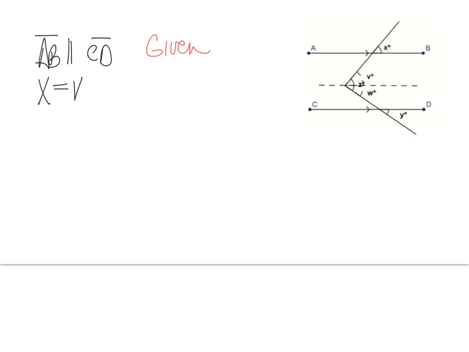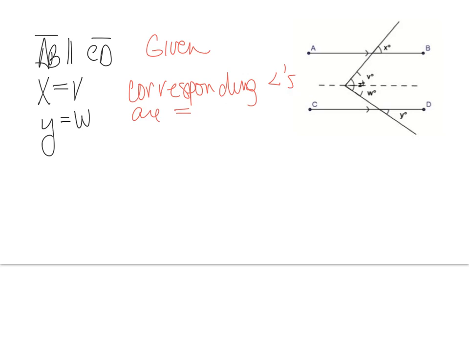X is equal to v, and then I'm also going to say that y is equal to w, because they're the same reasons, and that is my corresponding angles are equal in measure.